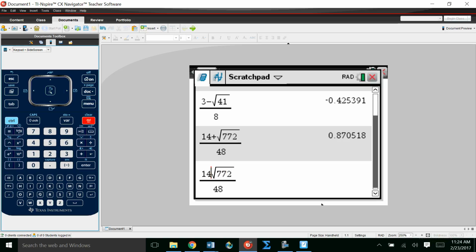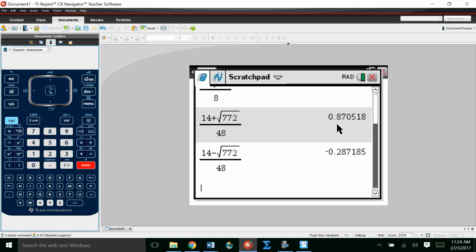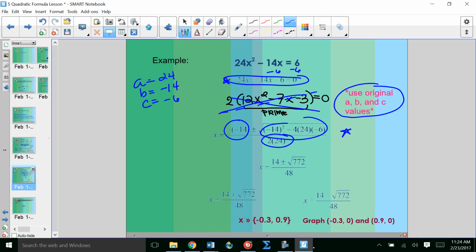There we go. And so your two roots are 0.87 and negative 0.28 or 0.29. And to graph, that's what you would graph approximately. For your roots, you could then, again, find your vertex using negative b over 2a for x, get your y, and have 3 points to graph this quadratic.